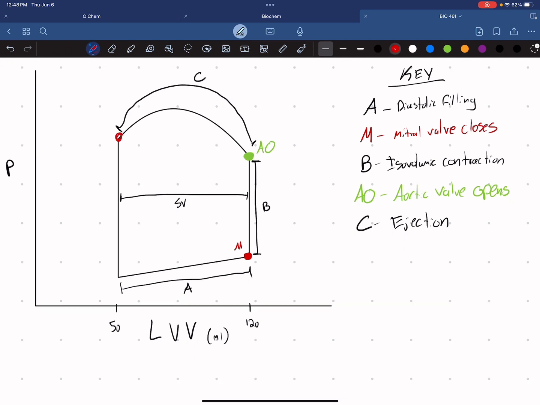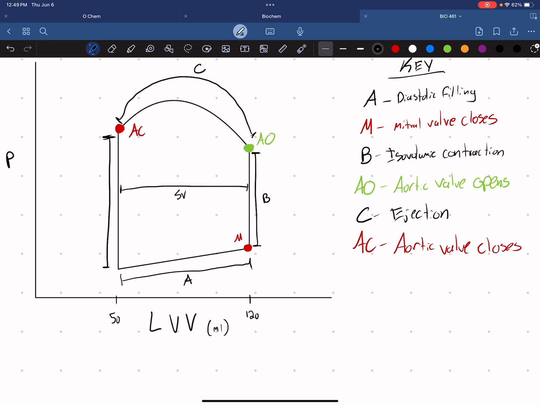At this other intersection, I will label this AC, and this will be aortic valve closes, and that will be what happens after the blood is pumped through the aorta and the pressure goes back down. So the aortic valve will close after the blood has been pumped, and everything will be relaxed, getting ready for the next section.